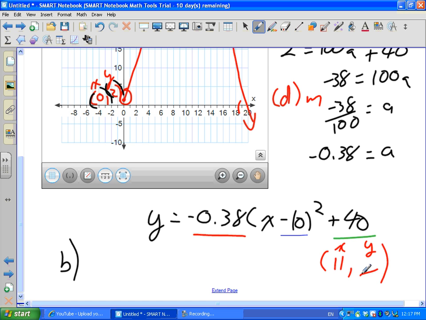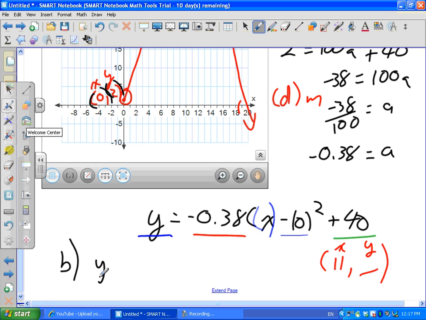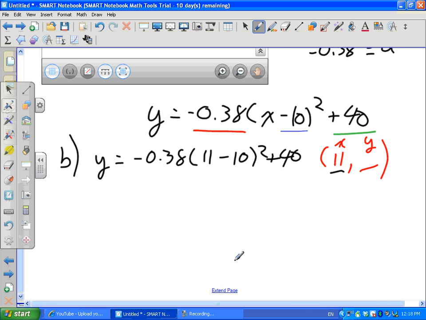Well, I already have an equation, so I can plug an x value into this equation and solve for my y. So I take my equation, y is equal to negative 0.38 times (11 - 10) squared plus 40. And I just got to solve for y.